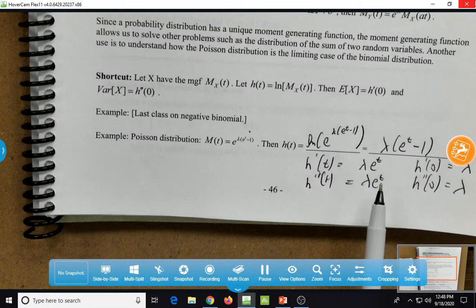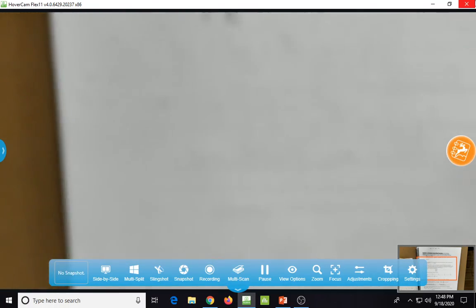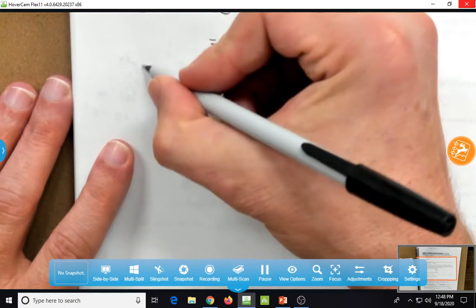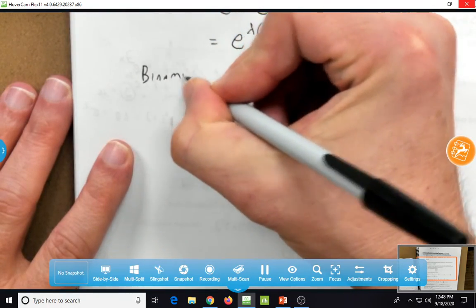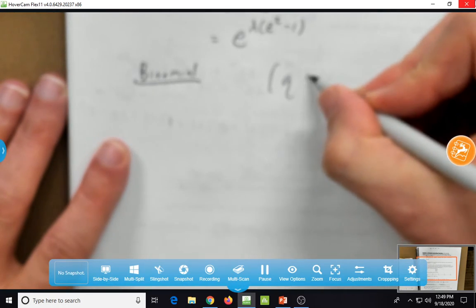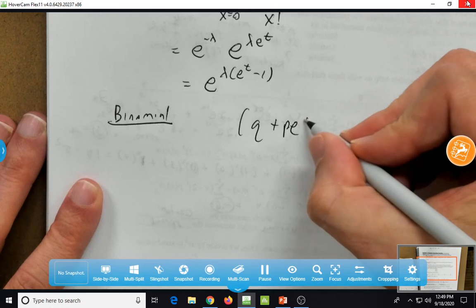That is cool. And there's one other cool thing about the geometric distribution. Actually, it won't be the geometric, it's the binomial distribution. So remember that the Bernoulli is q plus p e to the t.